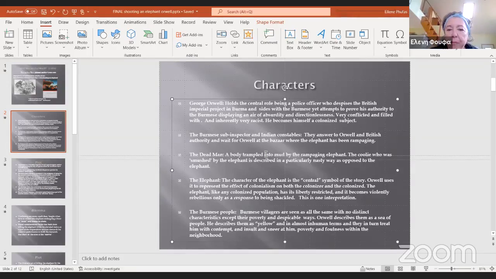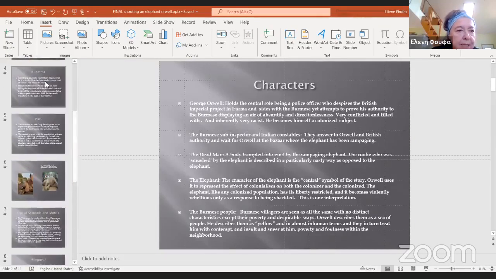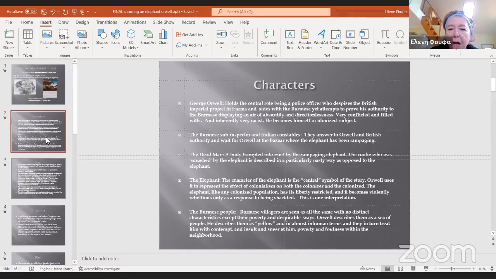The way that the body is described is quite awful, but it's also the way that Orwell describes the body that is interesting. If you remember some of the words he uses, it's a black body. It has a very horrible grin. He's very demeaning. He writes in a very demeaning way about this poor man who was smashed by the leg of the elephant. There's some symbolism involved there as well.